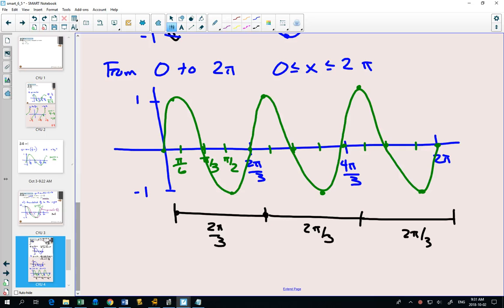And that would be the graph perfectly between 0 and 2 pi. If we normally have one period between 0 and 2 pi, when we compress it by a third, we now have 3 periods between 0 and 2 pi.